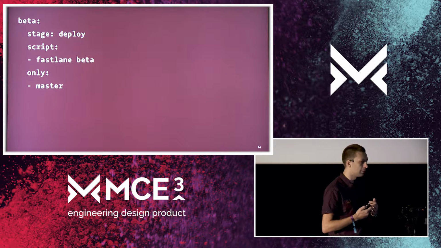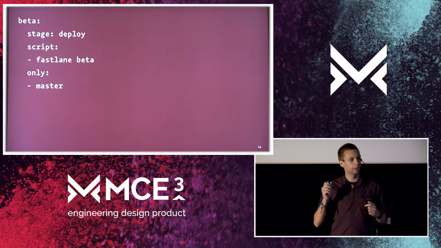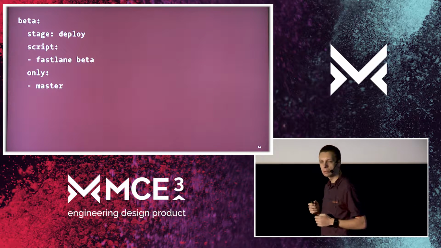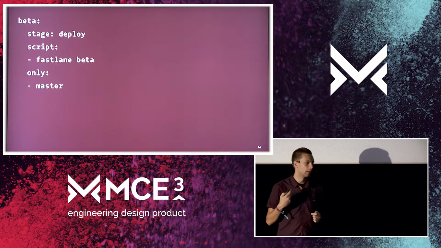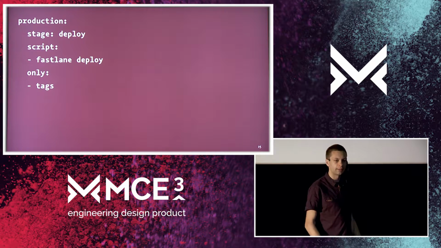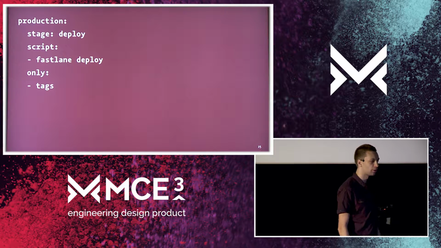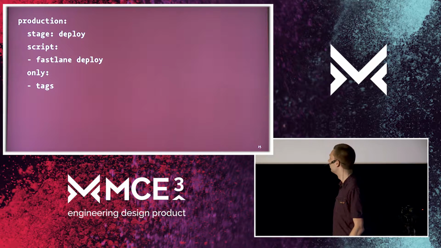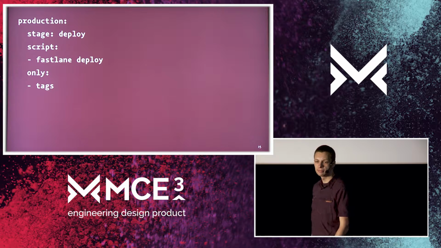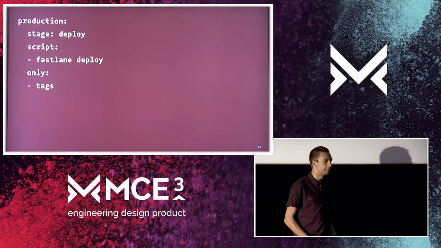So we will do deployment only on master, and this deployment will happen only after the stage with all tests passes. The same we can do for production deployments, which will happen only for tags. As you see, this syntax is really simple and it's really clear what is happening here.